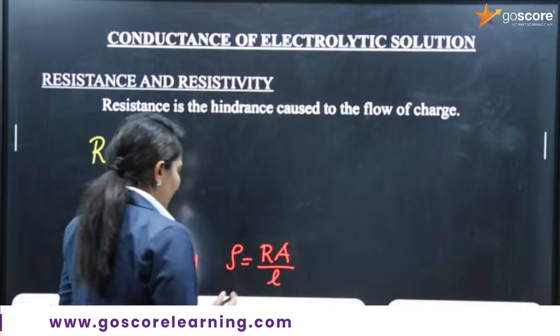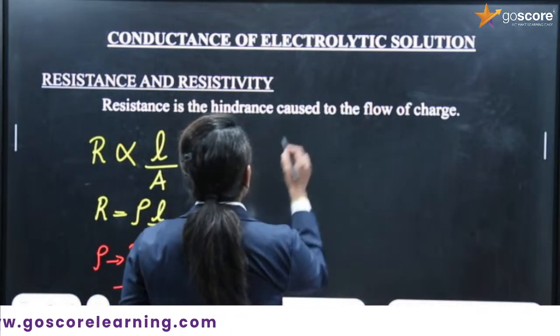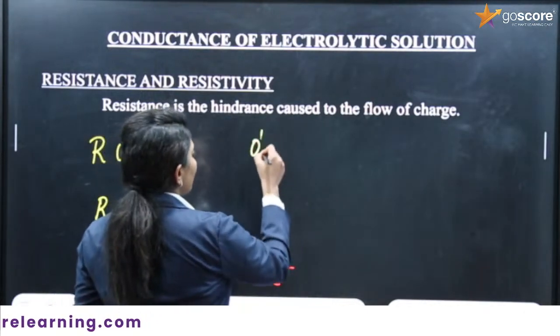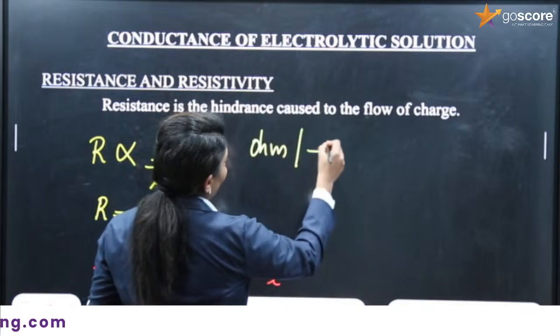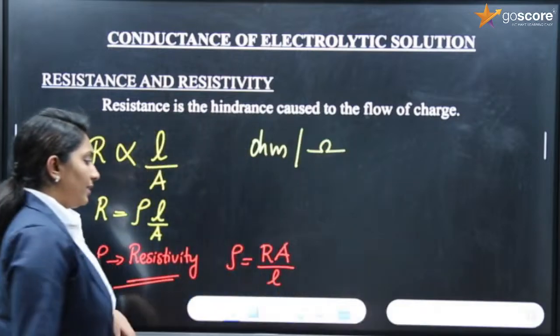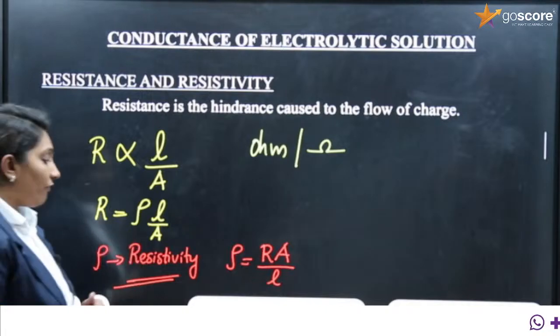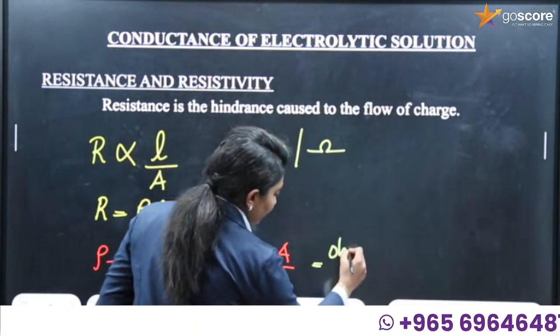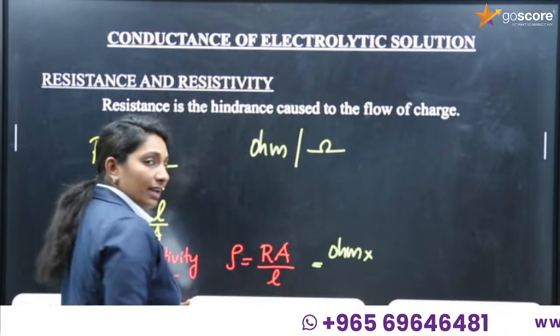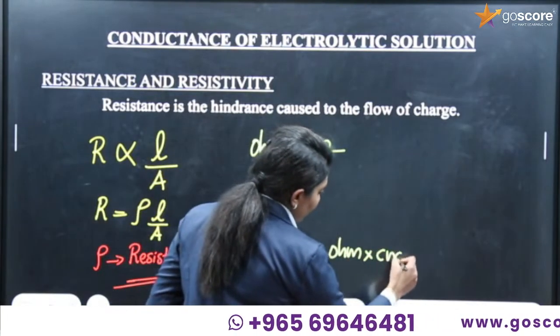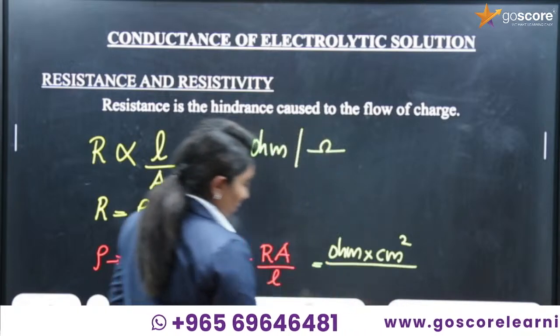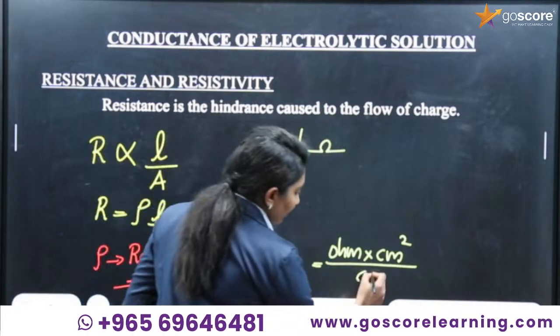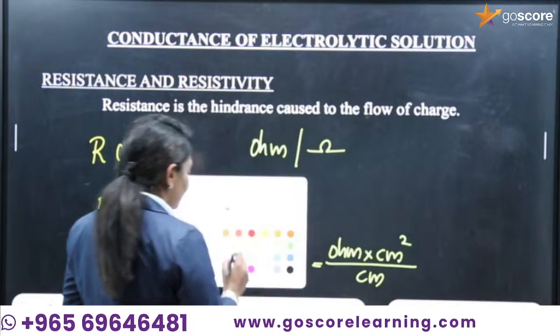And you clearly know what the unit of resistance is. The unit of resistance is ohm, right? Then what will be the unit of resistivity? Resistance unit is ohm, right? What is area? If you're taking area in centimeter, it will be centimeter square divided by length, which is centimeter, right?